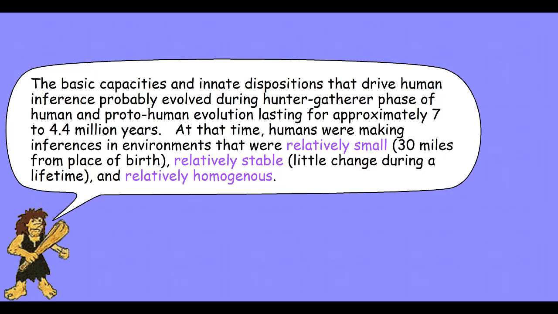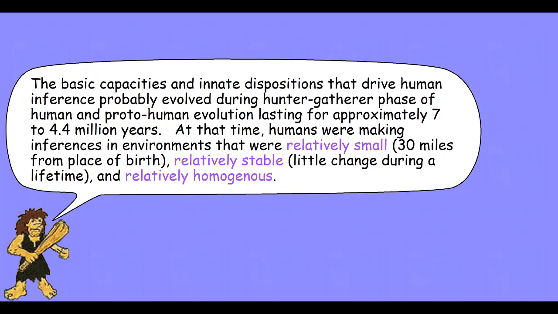Well, the basic capacities and innate dispositions that drive human inference probably evolved during that hunter-gatherer phase of human and proto-human evolution, anywhere from 4.4 to 7 million years. Only about the last 12,000 of which wasn't hunter-gatherer existence.